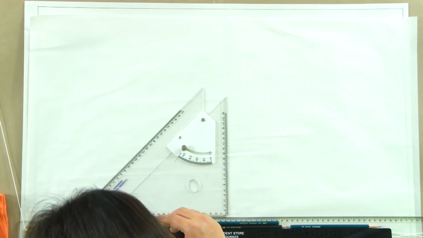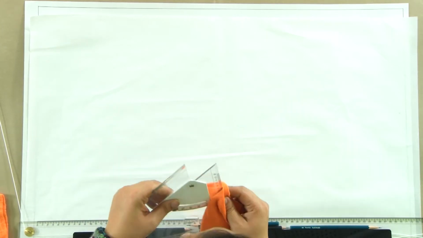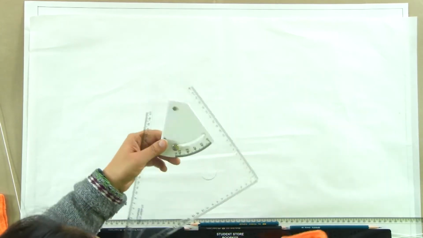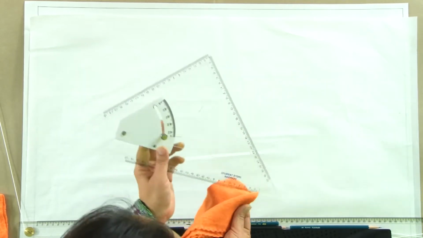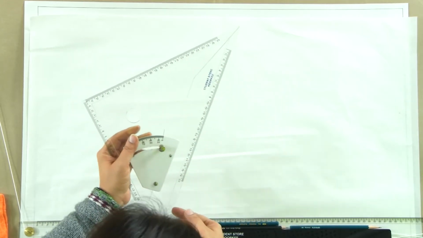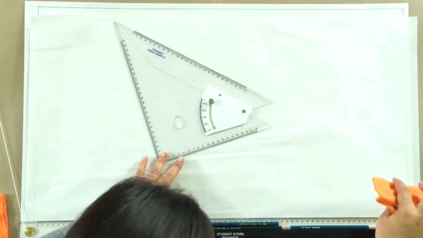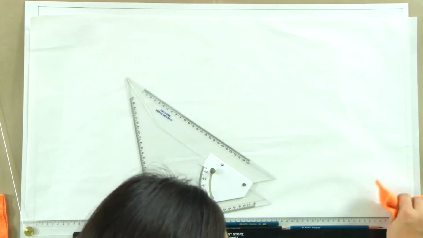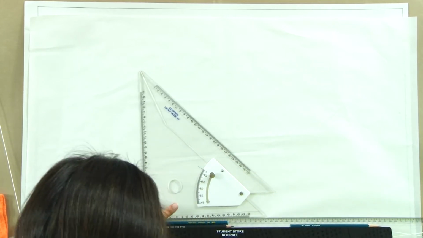Next thing that we will do when we start working on our sheet is to clean our instruments. Particularly the edges should be cleaned once every time you start working, because these edges pick up the blackness, the graphite of the pencil. So whether it be your set square or your T-square, we should always clean the edges, and the edges should remain clean.